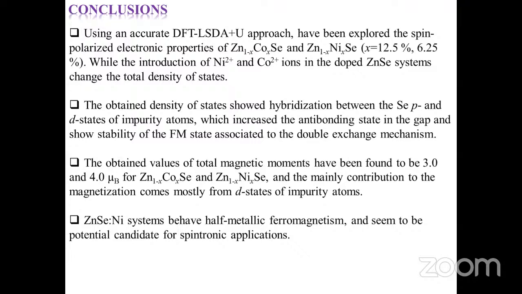The obtained values of total magnetic moments have been found to be 3 and 4 Bohr magnetons for cobalt and nickel doping systems, and the main contribution to the magnetization comes from these states of impurity atoms.